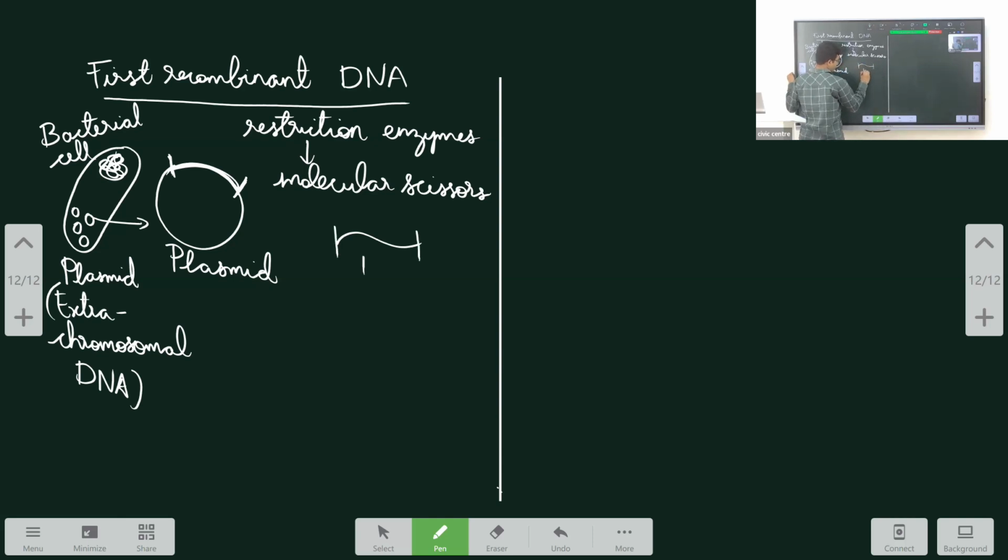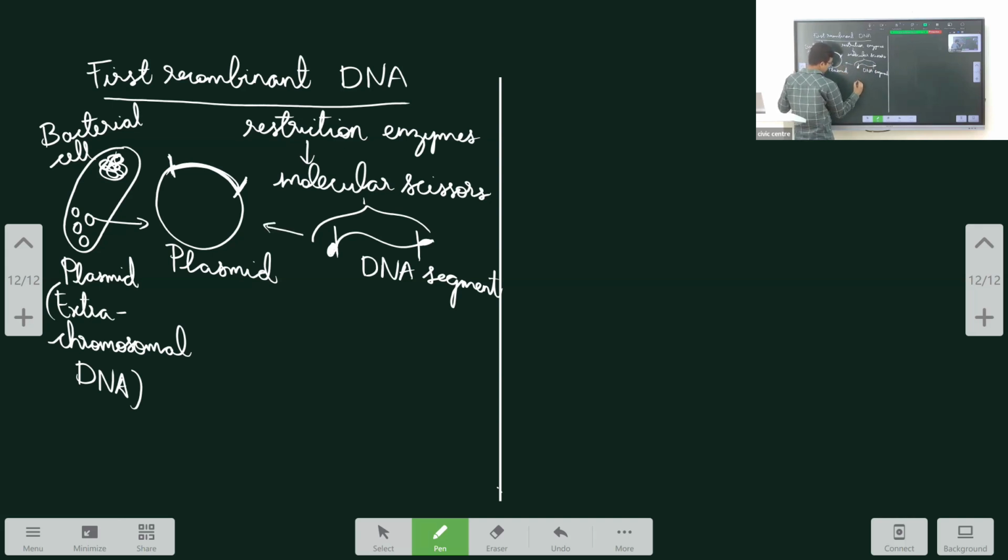Consider this as the DNA segment that you want to insert. Now what they would do is, for this, they will attach a pair of restriction enzymes at both the ends. Now these two are the restriction enzymes, and these restriction enzymes would then be inserted into this.